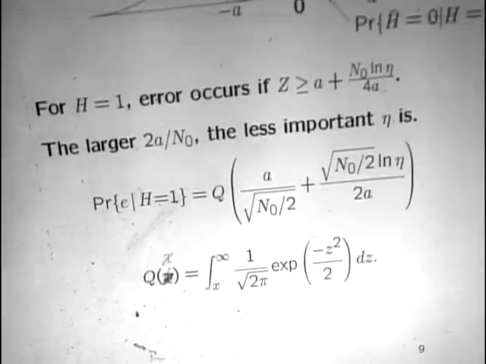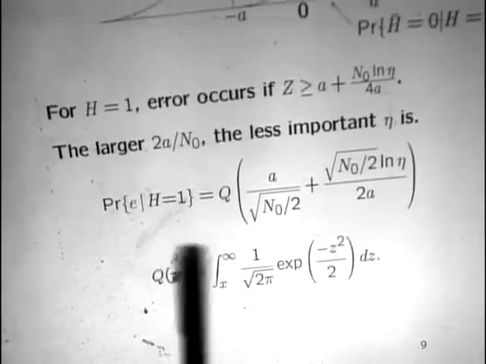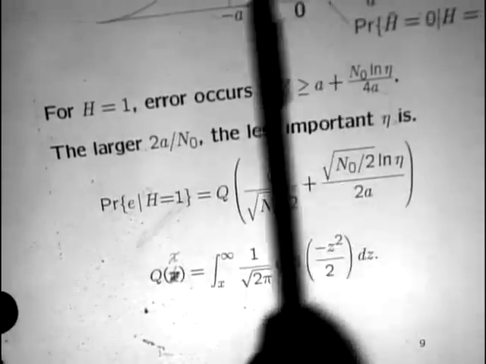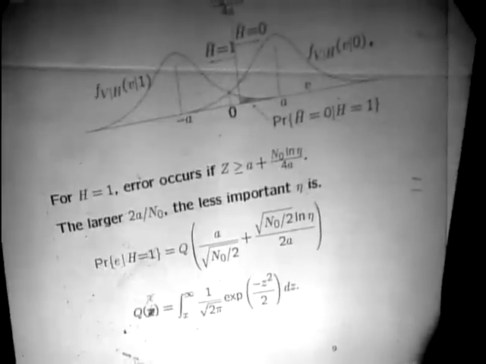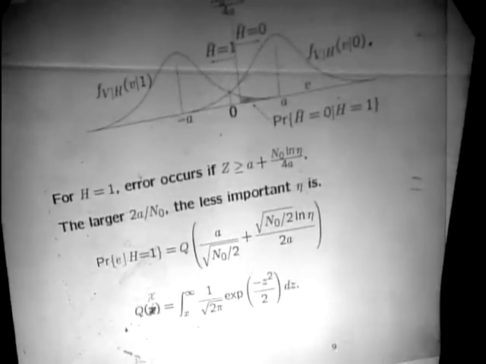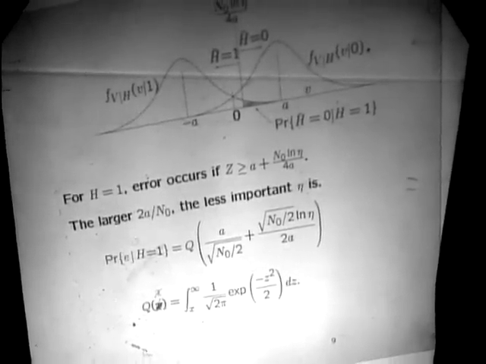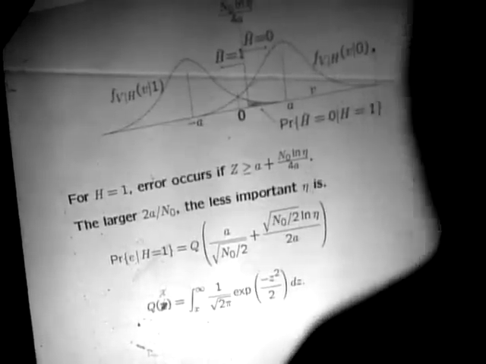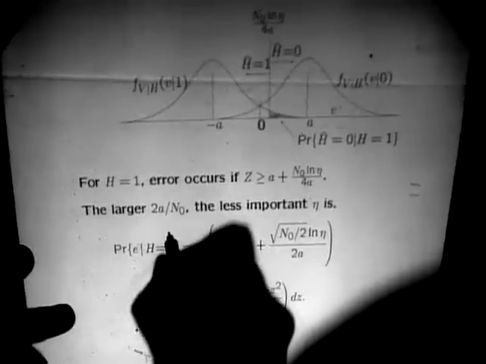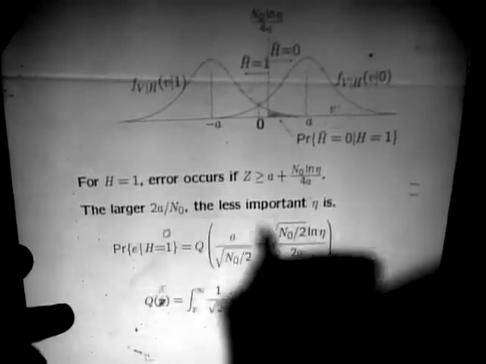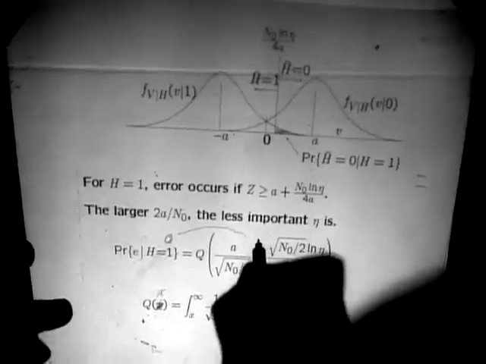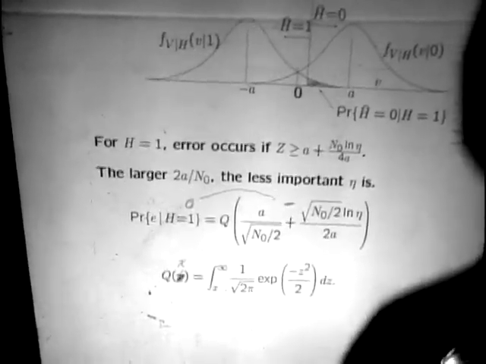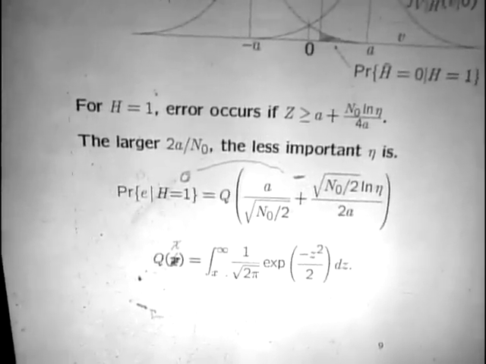And the probability of error when h is equal to 1 is this probability, which looks like it's the tail on the negative side, but if you think about it a little bit, since the Gaussian curve is symmetric, you can also look at it as a Q function where now this is equal to 0, which corresponds to changing this plus to a minus here, and that's the only change.